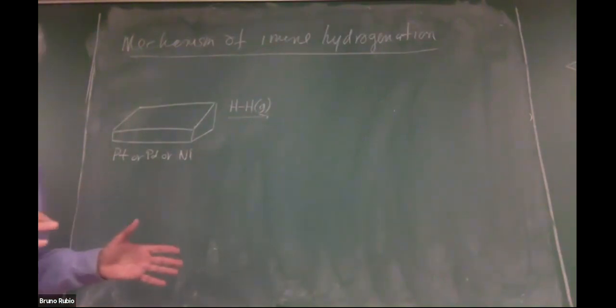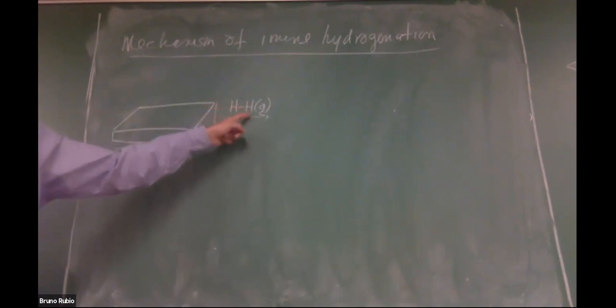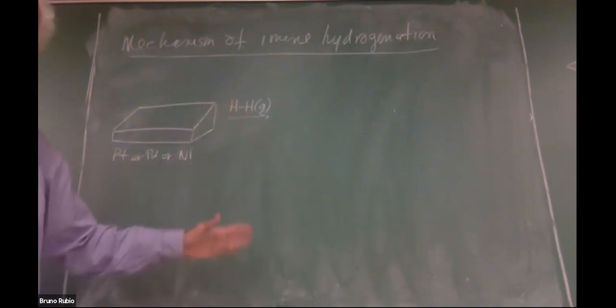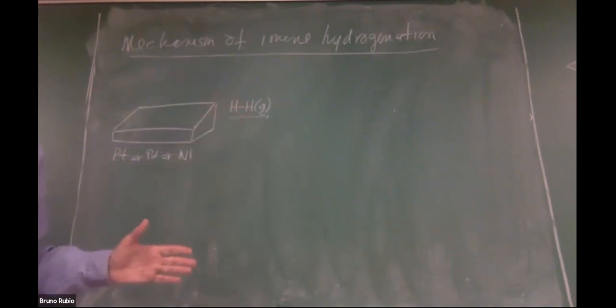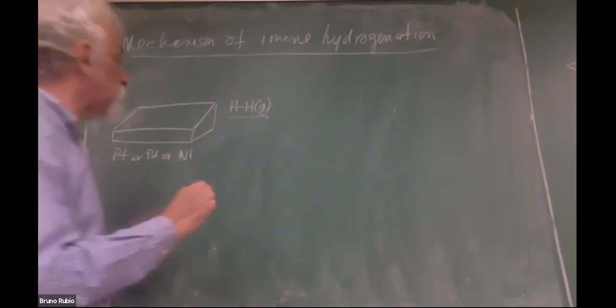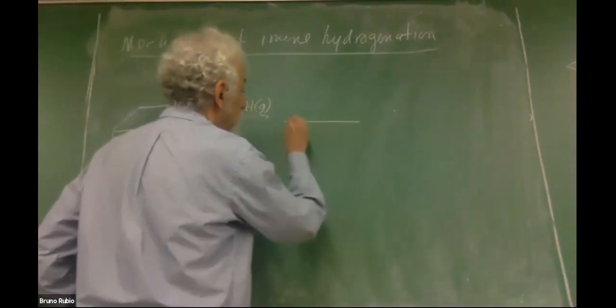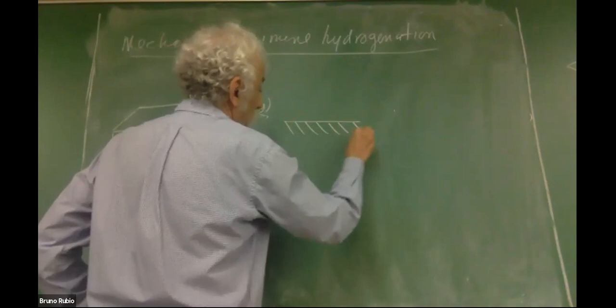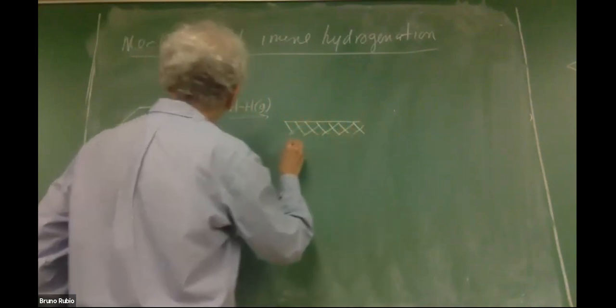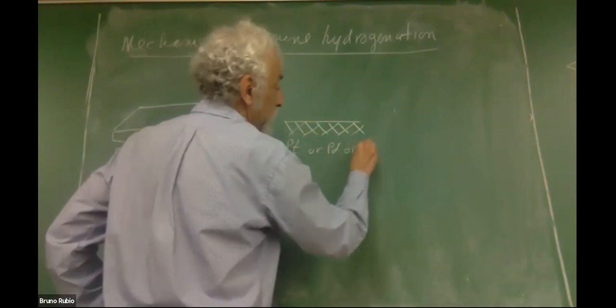And what happens is something called a dissociative adsorption, where the hydrogen bond breaks, and now each of these hydrogen atoms are bonded to the catalyst surface. So I'm just going to represent this catalyst in a slightly different way. Right, so that's the platinum or the palladium or the nickel.